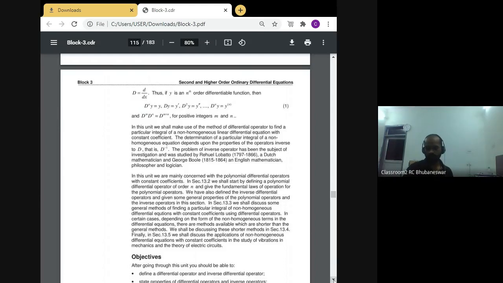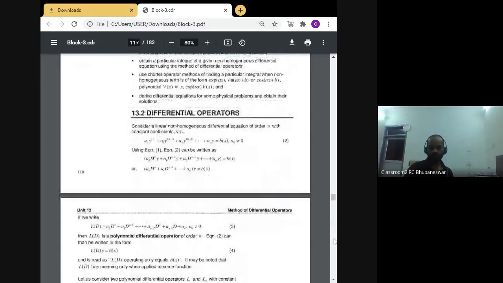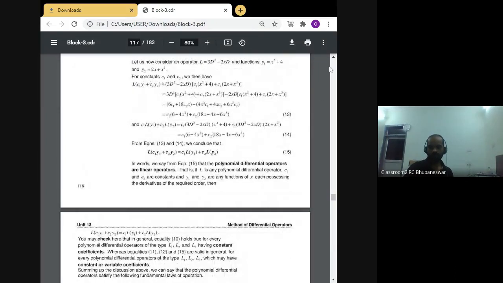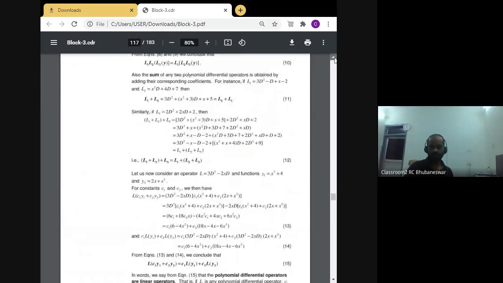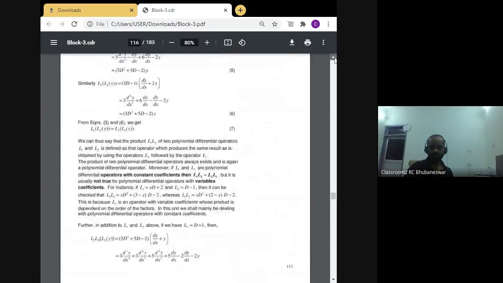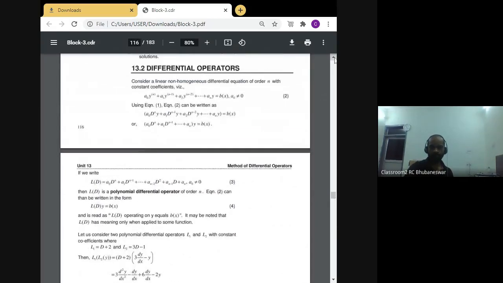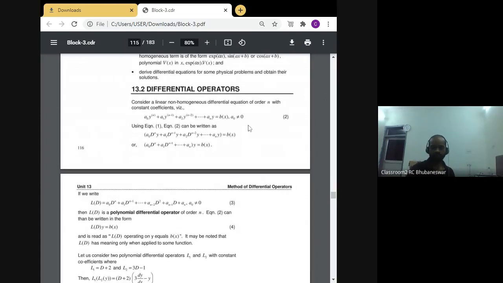Let us move to the next page. How can we represent a differential equation using the differential operator? Look at the differential equation: a0 into the nth derivative of y, the second term is a1 into the n minus 1th derivative of y, and so on.